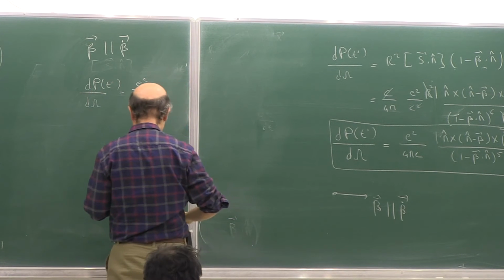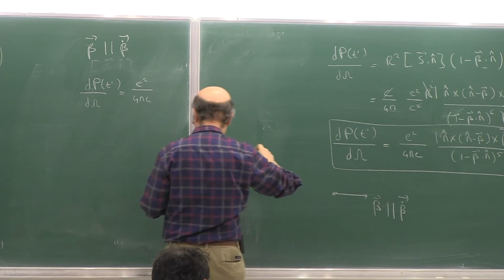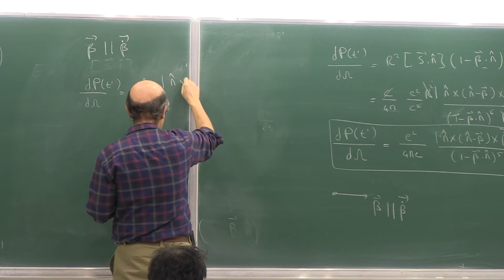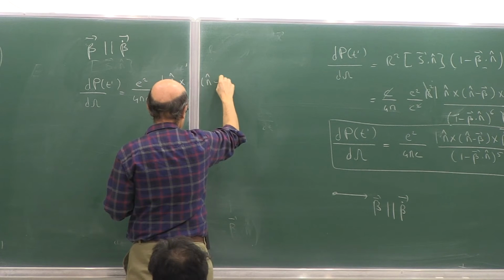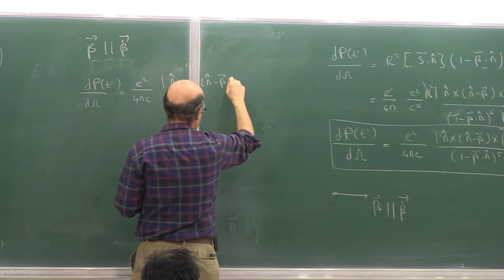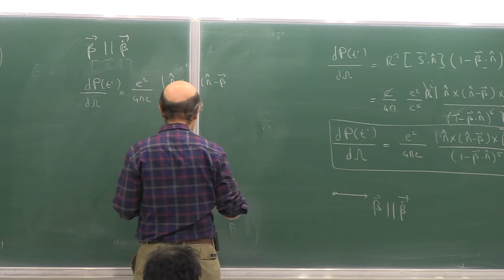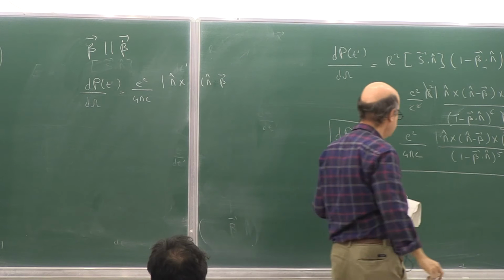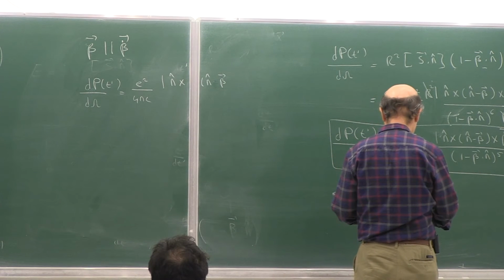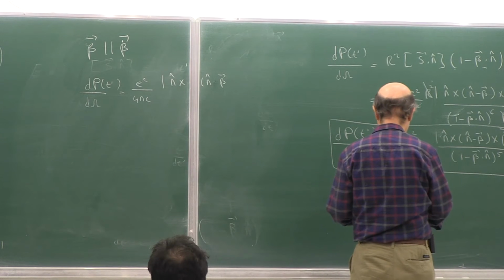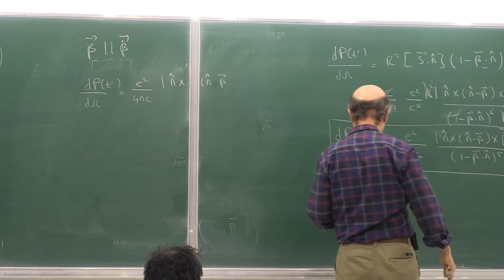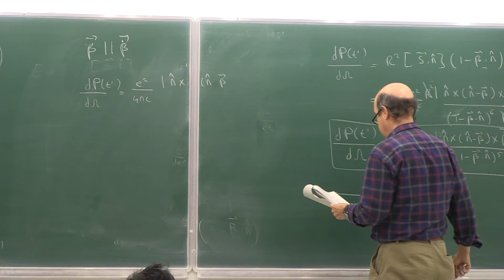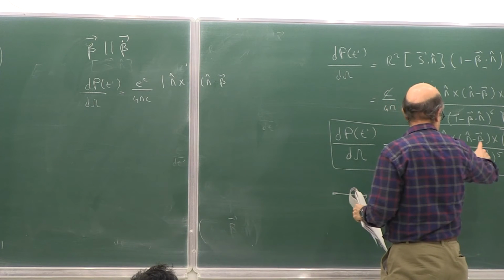This beta cross beta dot term will be 0, so these terms will be dropped.